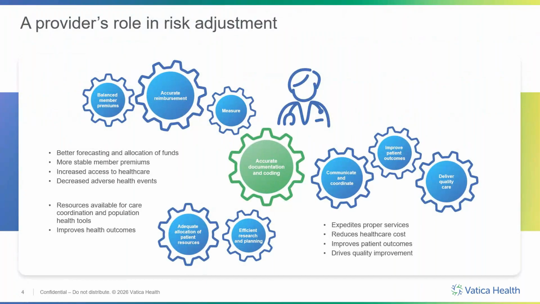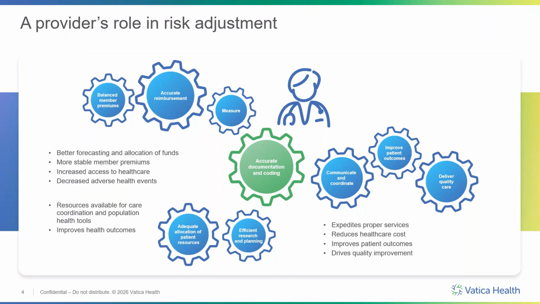And just to get started, this is why coding matters to us as providers. ICD-10 codes translate our clinical diagnoses into standardized data. And that data is used for many things. You've got medical research, quality reporting, public health surveillance, disease tracking, and determining medical necessity, just to name a few.